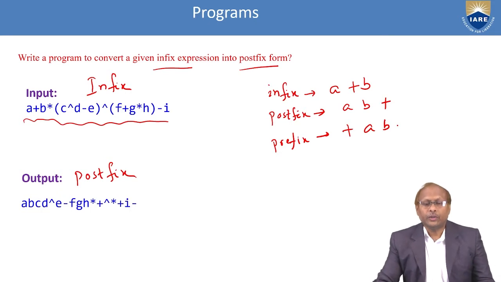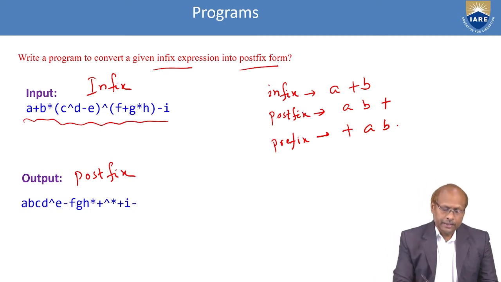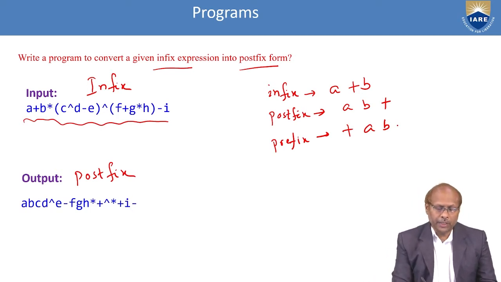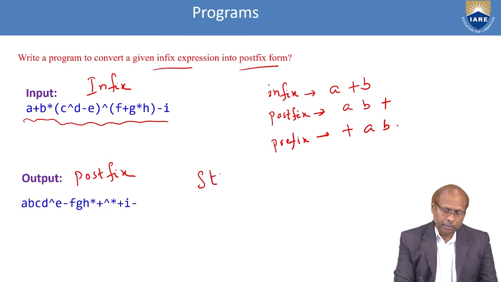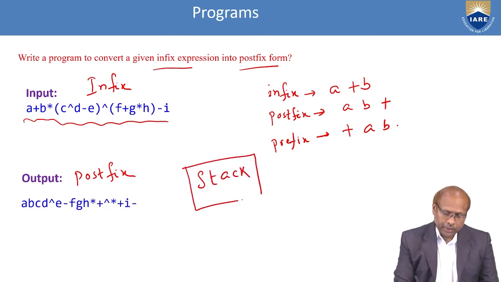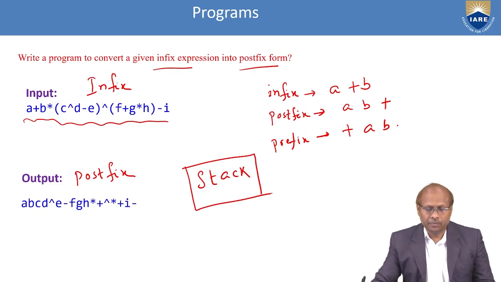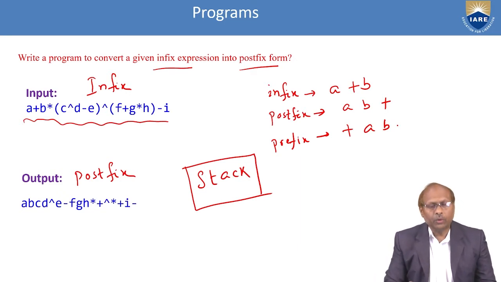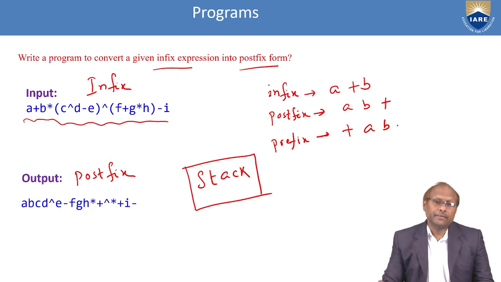Now they may ask what type of data structure is required to solve this problem. The data structure required is the stack. So remember, whenever they ask this question, they may ask how you can solve this problem. I will explain how you can solve it with the help of the stack. Why do you need a stack?